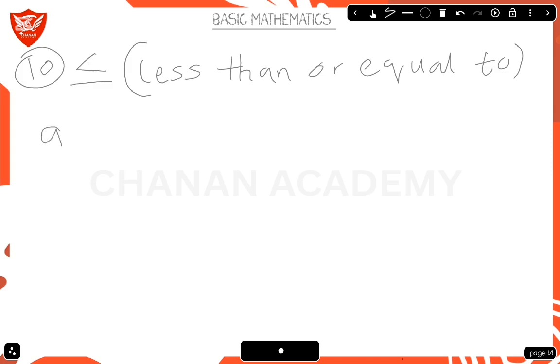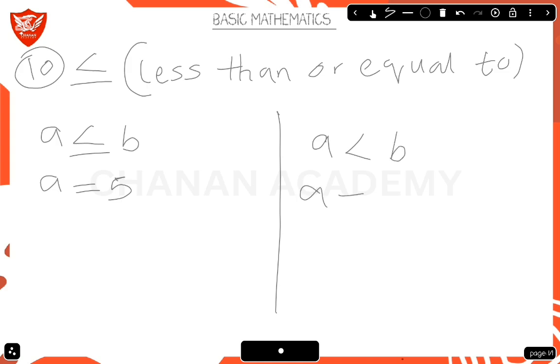Remember I said, let's say A is less than or equal to B, and A assumes the value of 5. On the other side, A is strictly less than B and A assumes the value of 5. Where A is less than or equal to B, B can only assume the value of 5, 6.